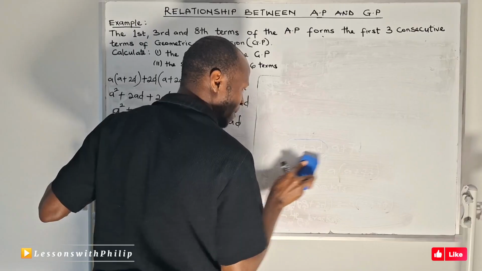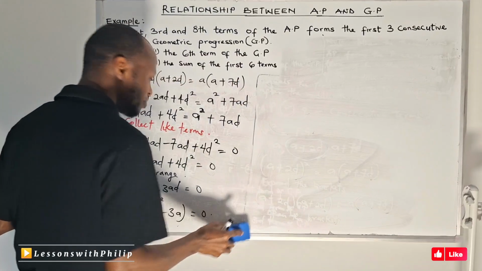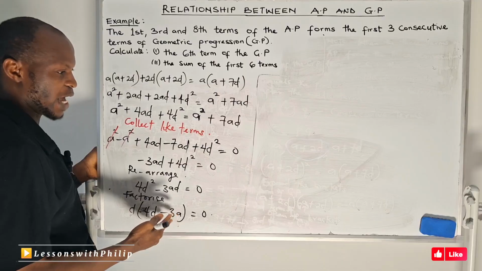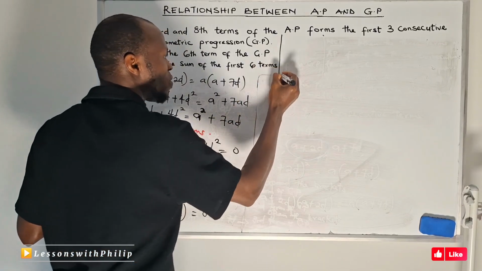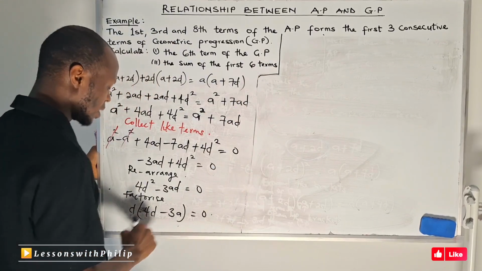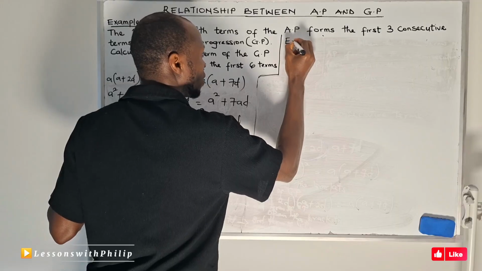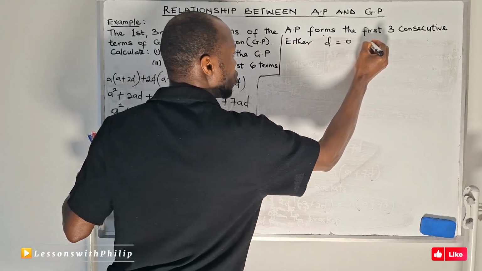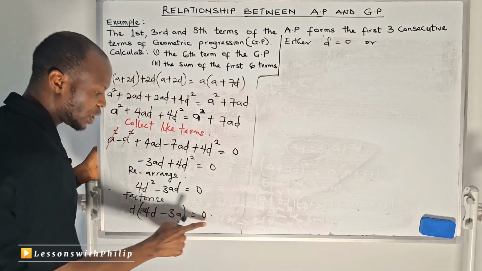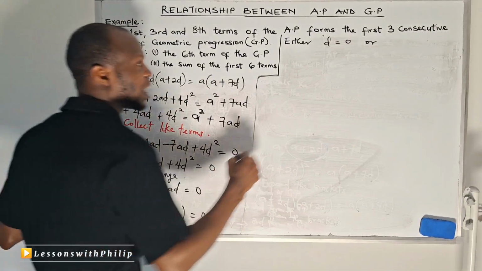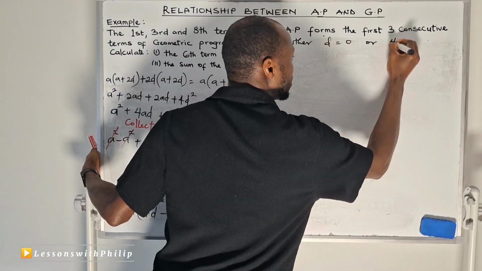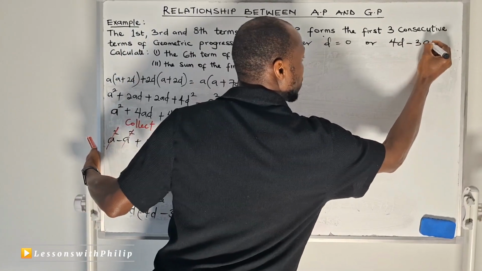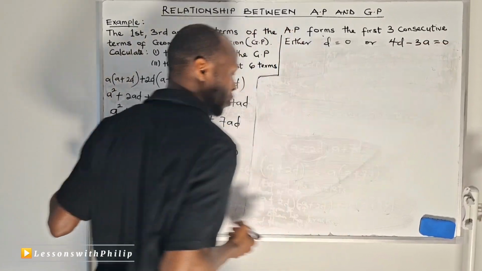Just keep following. Now, we've been told that anytime when we factorize like that, that shows that either D equals 0, or 4D minus 3A equals 0.